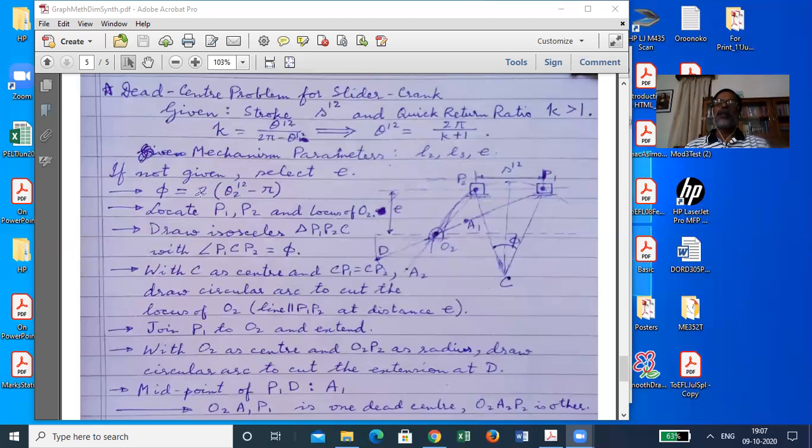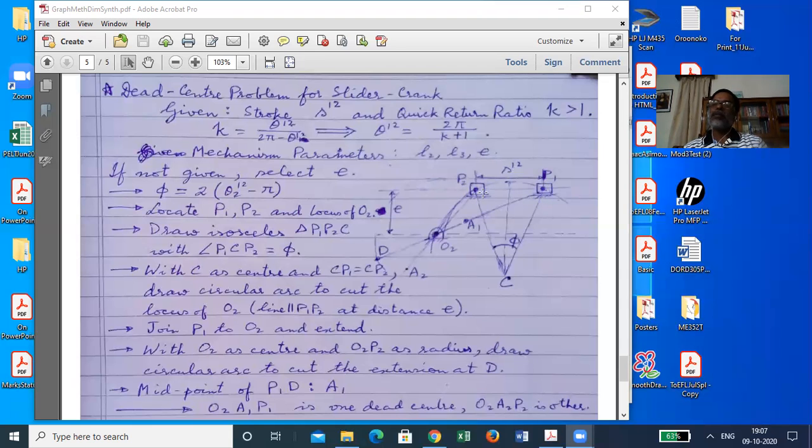And then you start your construction. Locate P1, P2 at a distance S12. This will be one end of the stroke, and that will be the other end of the stroke.